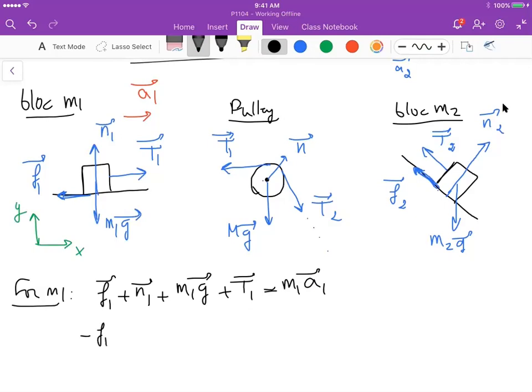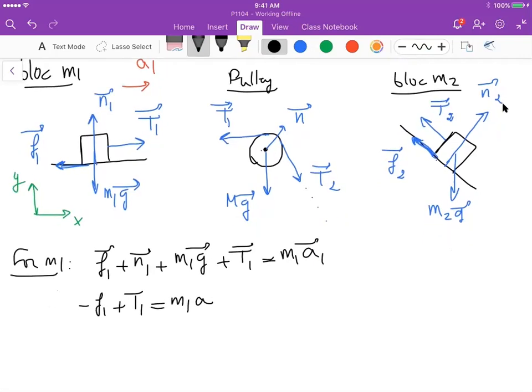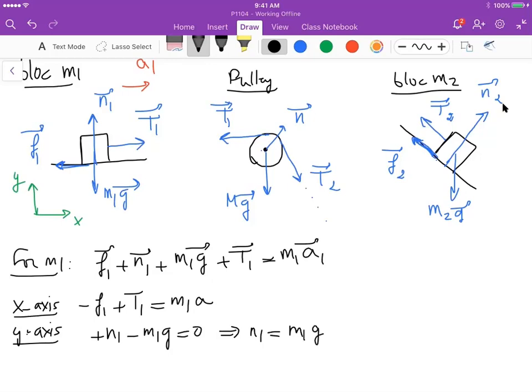Minus F1 plus T1 is equal to M1 times A, because the magnitude of A1 is A. So this is along the X axis. And along the Y axis, we will have the following: plus N1 minus M1G is equal to 0, of course, because there is no motion along the Y axis. So we end up with N1 equals M1 times G.